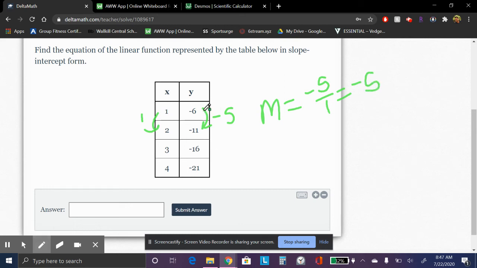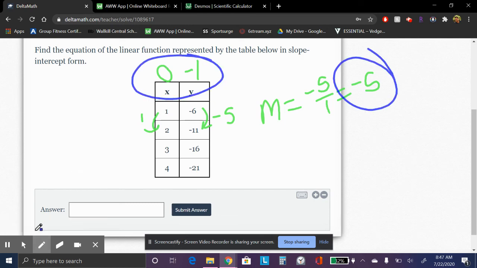So if I go down 5 over here, I have to go up 5 over here. So when I go up 5, I'm left with -1. And this is going to be 0. So this is my B. This is my M. So my equation is y equals -5x minus 1.